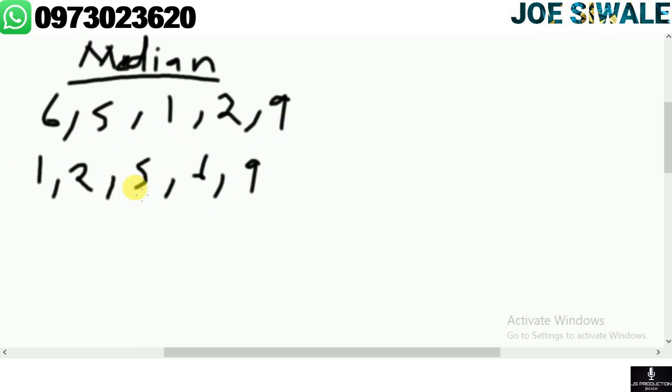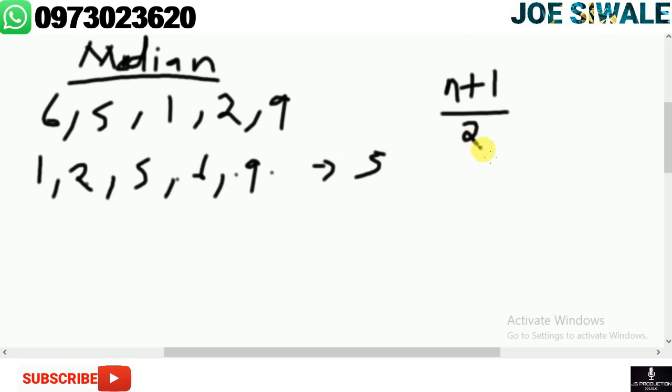And the other thing that you're supposed to know is that when you count the numbers that have been given in the data set and you get an odd number, for example 1, 2, 3, 4, 5, that's an odd number, you can just use this formula which says n plus 1 divided by 2.